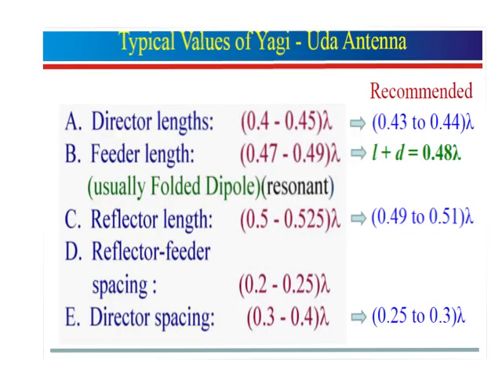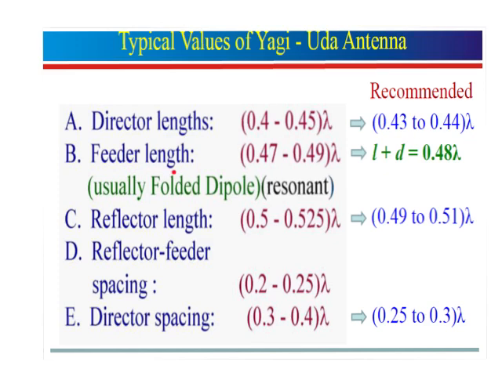Now, let us know the typical values of the Yagi-Uda antenna. The director length is in the order of 0.4 to 0.45 lambda, and the recommended value is 0.43 to 0.44 lambda.